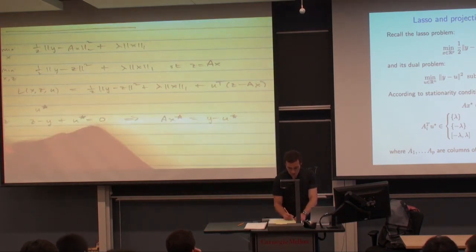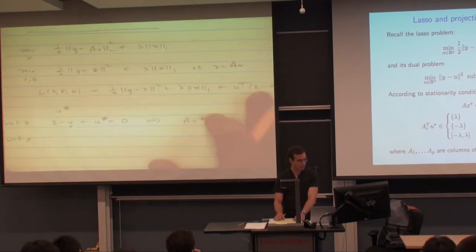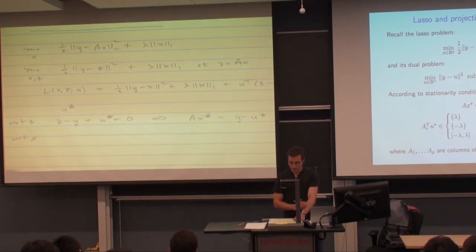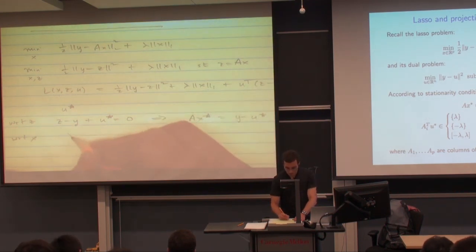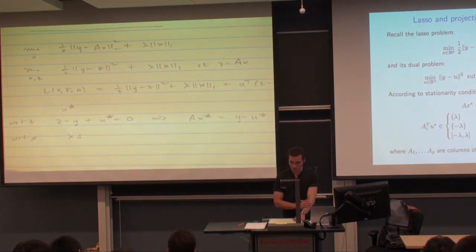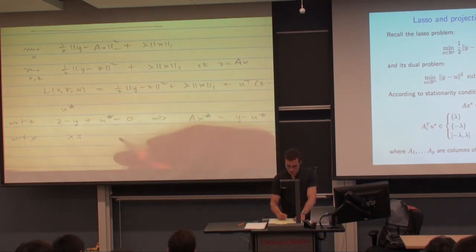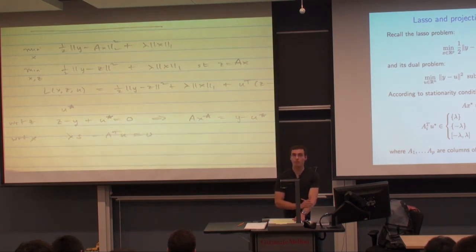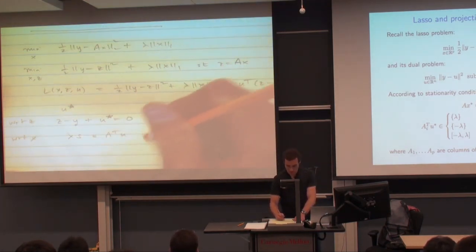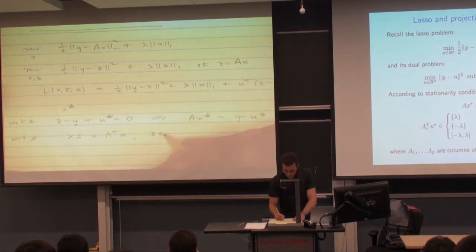If I look at the subgradients with respect to x, then what does that tell me? I get lambda times s, where s is the subgradient of the 1 norm at x, minus A transpose u equals 0. Right, so I'll just say that A transpose u is equal to lambda times s, where s is the subgradient of the 1 norm at x star.